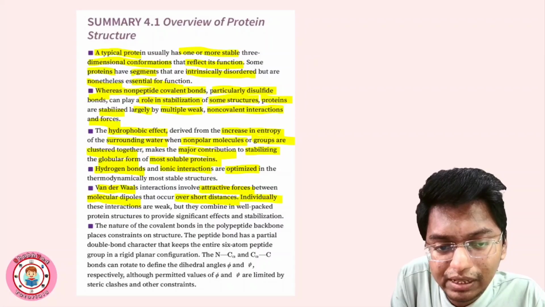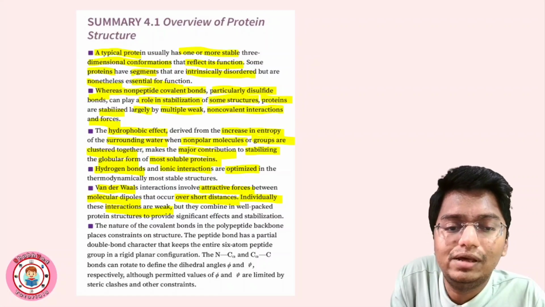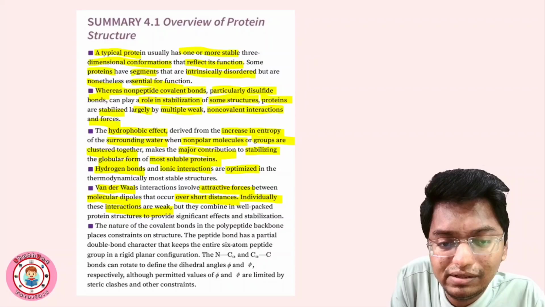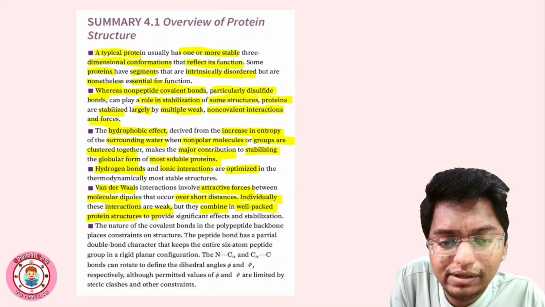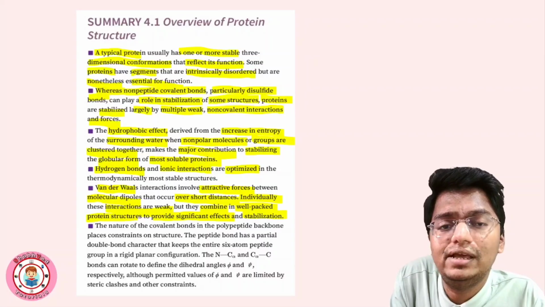Individually, these interactions are weak. Okay, meaning if we look at an individual bond it is weak, but when combined in well-packed protein structures, they provide significant effects and stabilization. So overall, it is very important. It provides significant effects and gives stabilization to the entire protein structure.